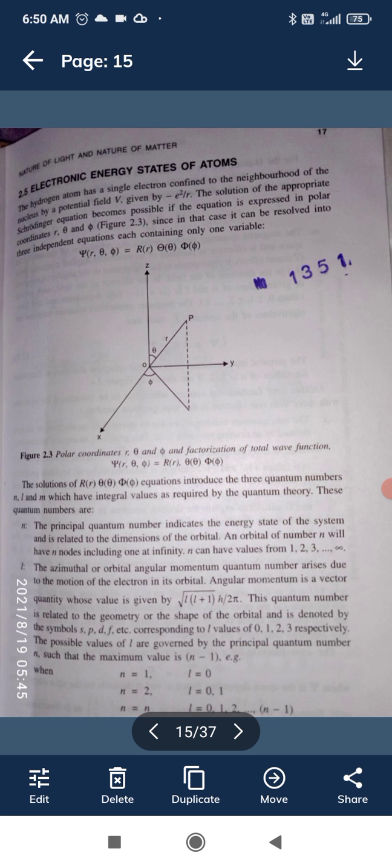This can be expressed in polar coordinates r, θ and φ. ψ(r, θ, φ) is equal to capital R(r) times Θ(θ) times Φ(φ).